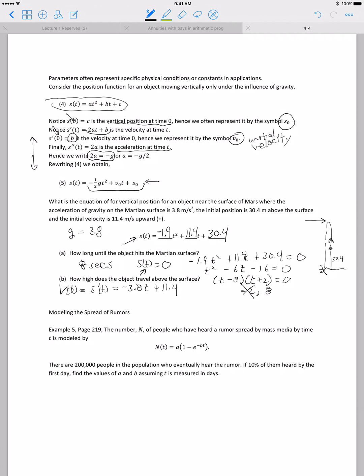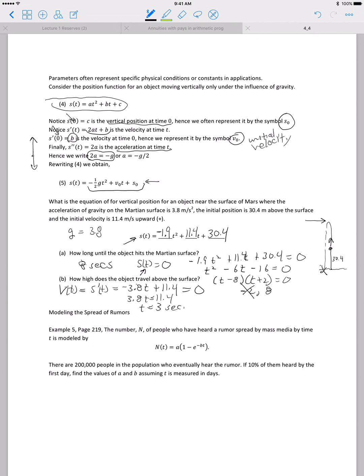So just take the derivative of the position function. When the velocity is 0, that should be when it reaches its highest point. So I get 3.8t equal to 11.4. So t is going to equal 3.